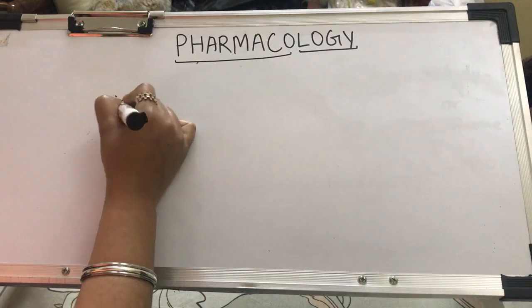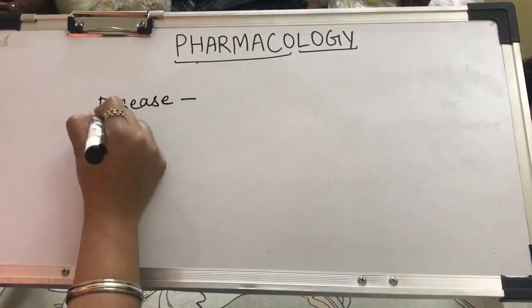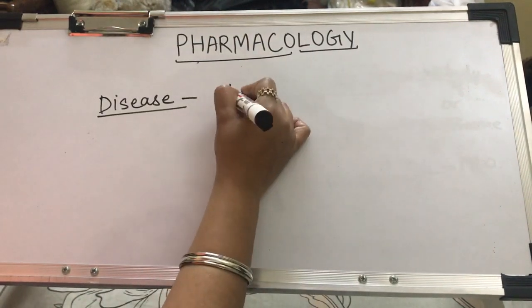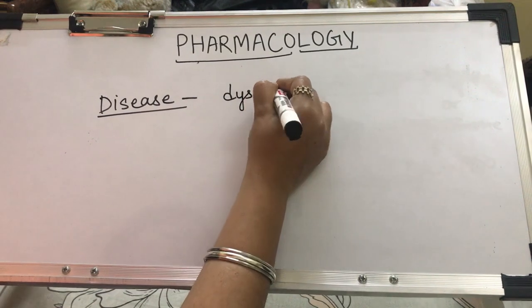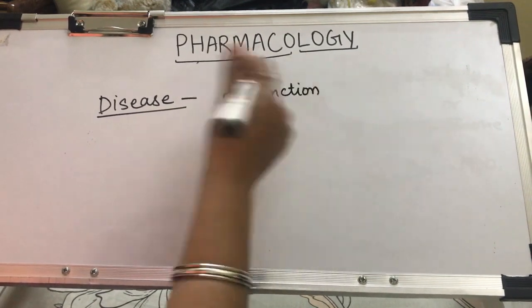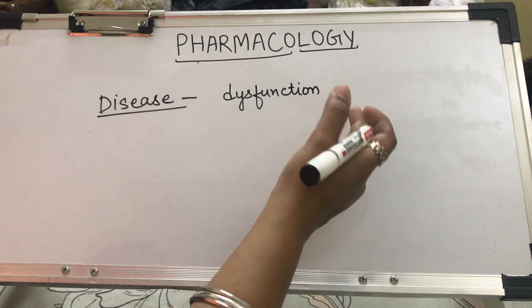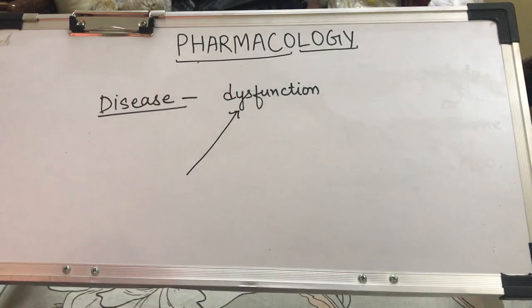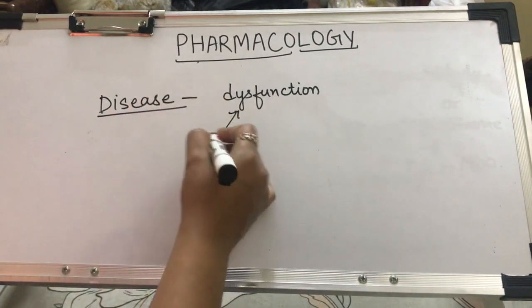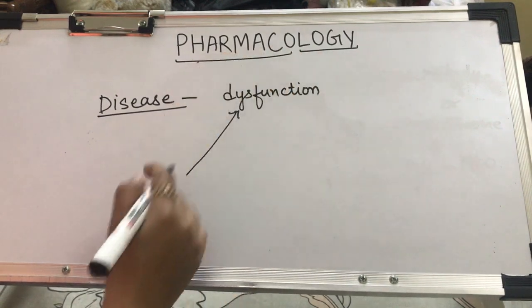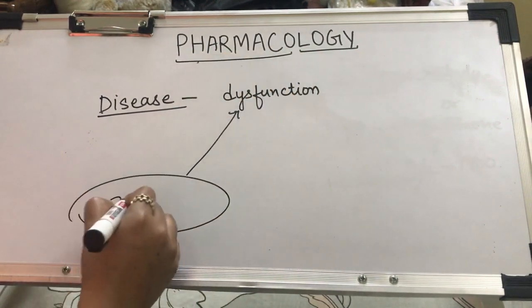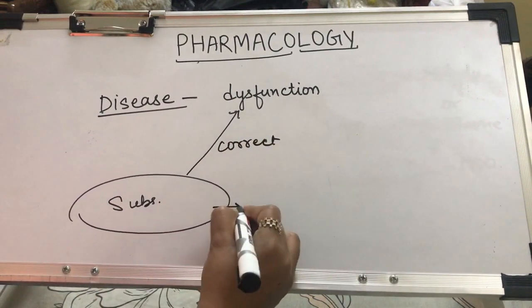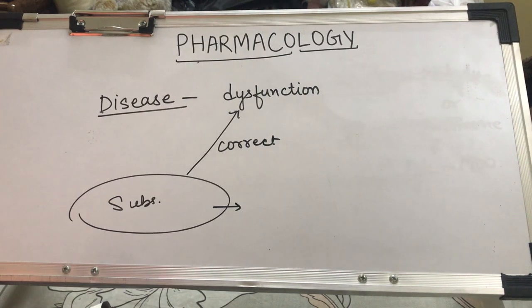Disease is some kind of dysfunctioning in the body. It is a dysfunctioning of some of the functions of the body, and we should know how that dysfunctioning is being caused so as to correct it. And when we know what the dysfunctioning is, we will find a substance which is going to correct it, and that will be our drug or our medication.